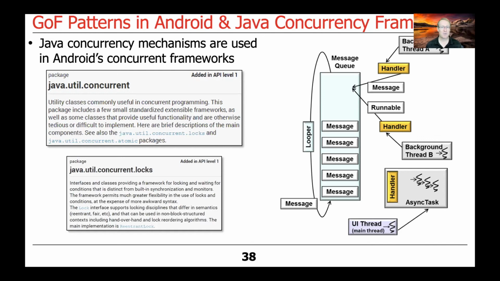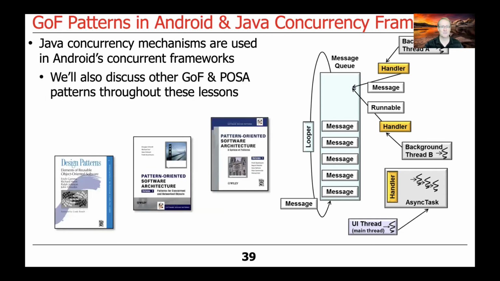But there's plenty of examples where Android concurrency frameworks and Android apps, for that matter, that are concurrent apps, use a lot of stuff out of Java, which is no particular surprise. And we'll discuss the patterns that relate to these things as we go through the lessons having to do with patterns for concurrent Android and Java programming.